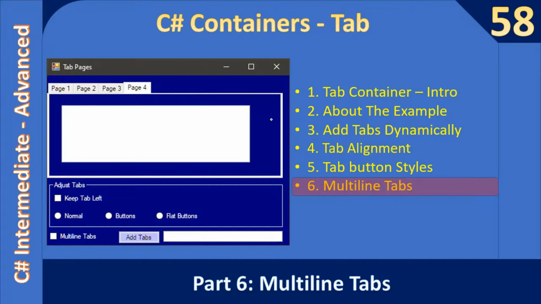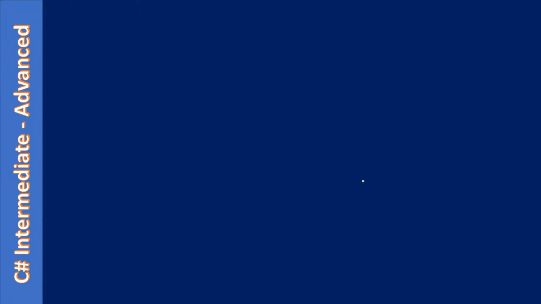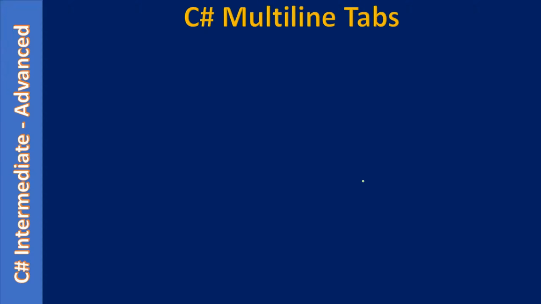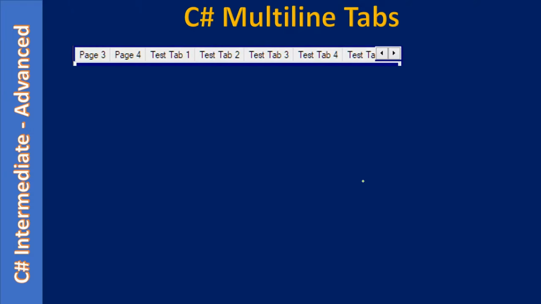Now you are watching the final part of the video, multiline tabs. So if you see here, there are more tab pages here; page 3, page 4, page 2 and page 1 are not shown here.